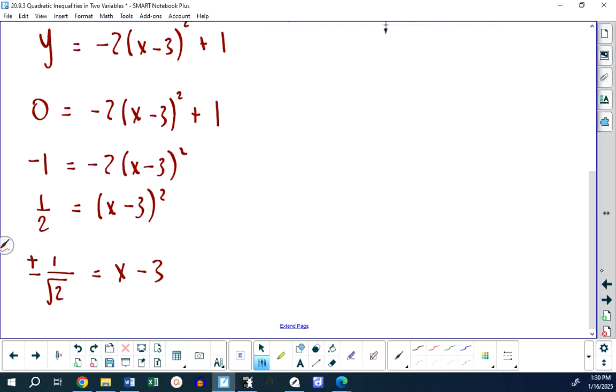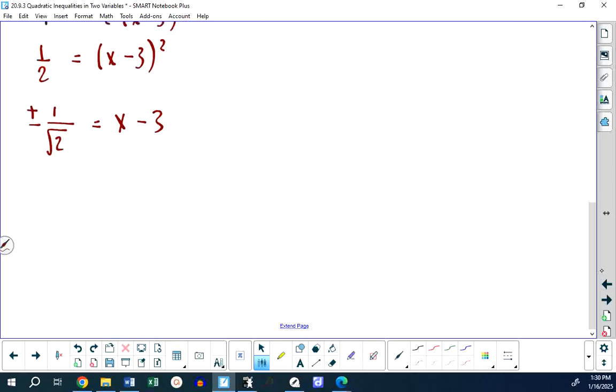So my x-intercepts, and you'll have to decide where you're writing all of this, are 3 plus or minus 1 over root 2. But that root 2 is only under the 1, not under the 3. Well, let's find out what that is in decimal form, approximately.